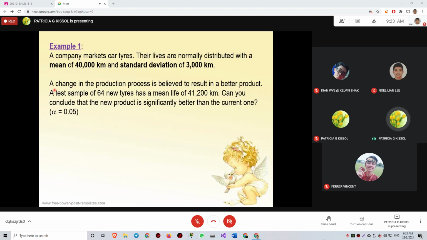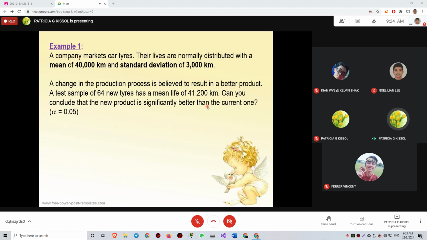Now you might say, it's a bit contradicting, isn't it? Because here we have a change, and if you remember, I mentioned that when there is any difference, it would be a two tail. But here, it also states a better product. Better means something about an increase, more than. So it would be a one tail, a positive one tail.